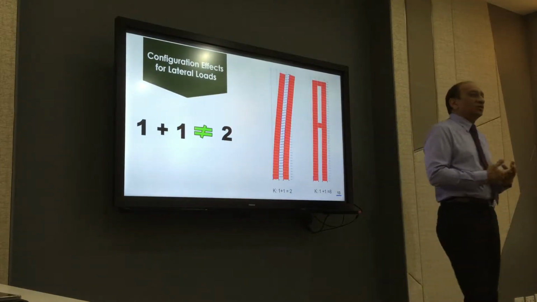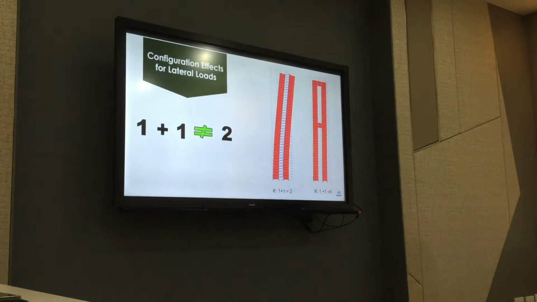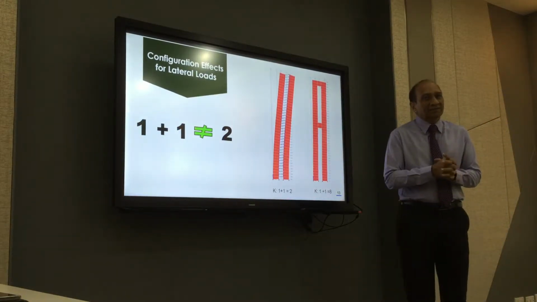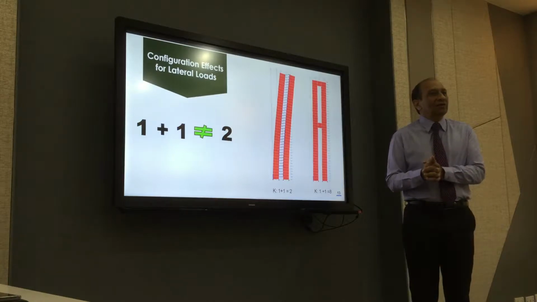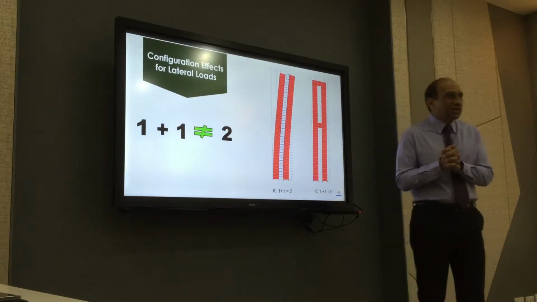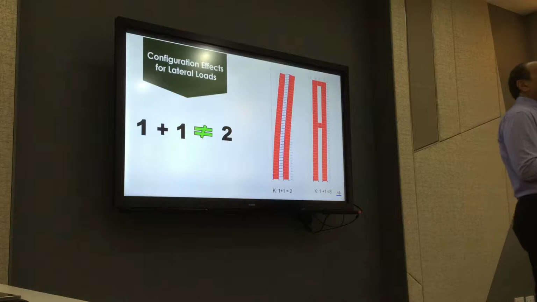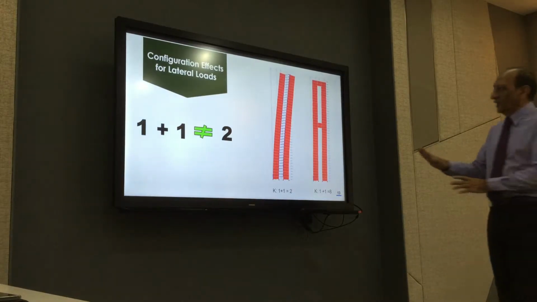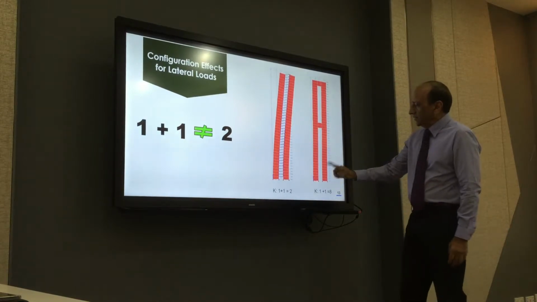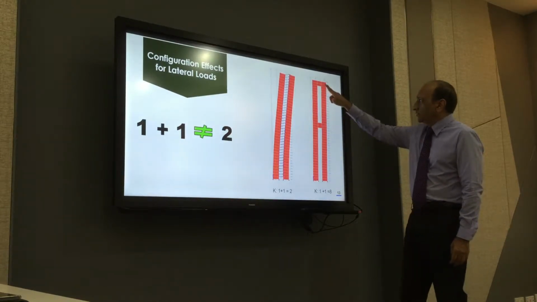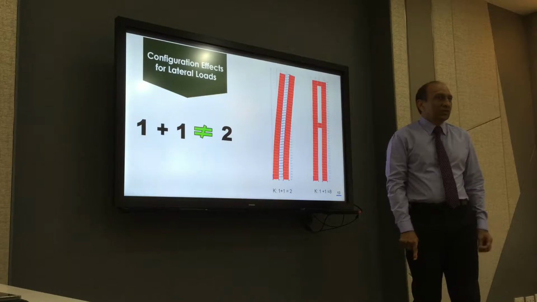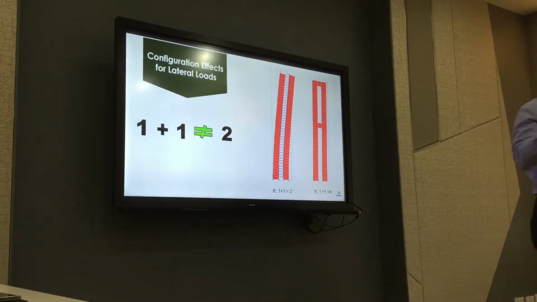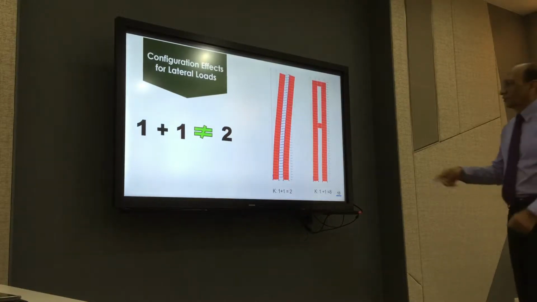As soon as you convert the lateral loads into axial forces, your system efficiency will improve a lot. So whenever you try to develop a structural system, see how you can convert bending into axial forces through shear, right? So here we are converting the bending into axial forces through the shear of these two elements. So these two elements are the shear links between two walls, converting bending into axial force.